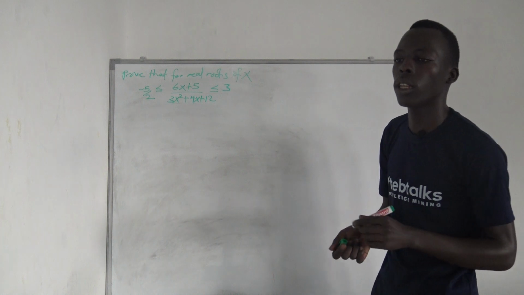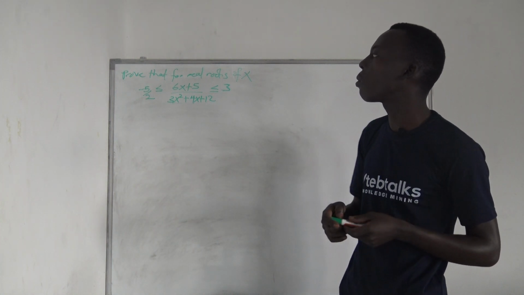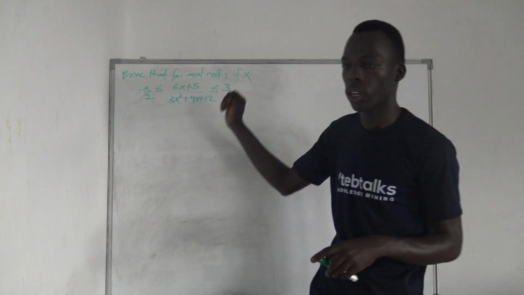So that is the equation which we have: prove that for real roots, this is less than or equal to that, and less than or equal to that.